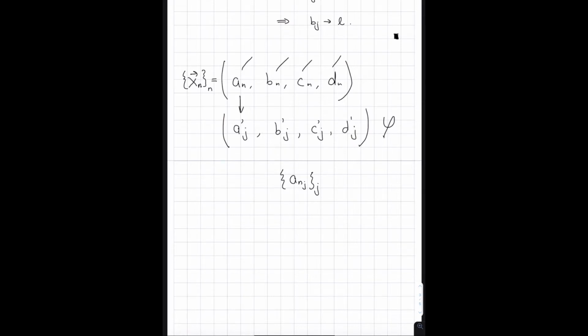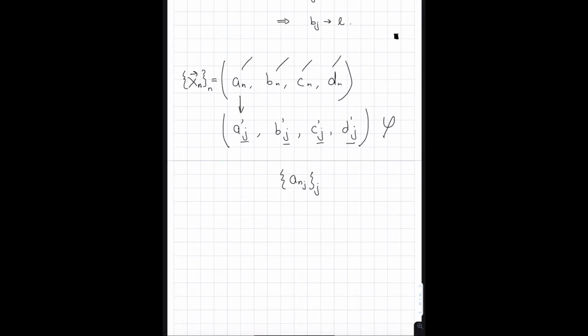But this is still incorrect, because all of these are dependent upon j as of right now. And there's a fundamental issue: let's say that j defines a subsequence of A sub n that converges. It is not a given that the same subsequence, or the same order in which you're adding up the terms, or the same terms that you're eliminating for a particular sequence, will also ensure that B sub n, for example, converges.